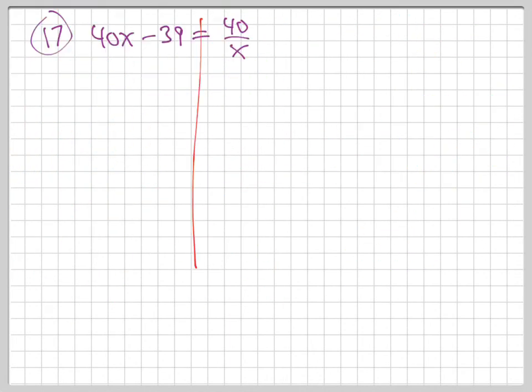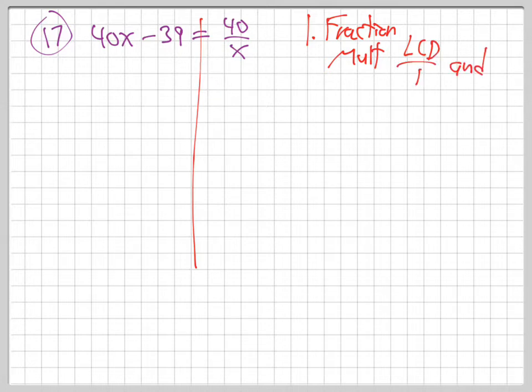It's a fraction on the right side, so I'm going to multiply all terms by the LCD over 1 and cancel all denominators. How many denominators do we have right now? Only one.